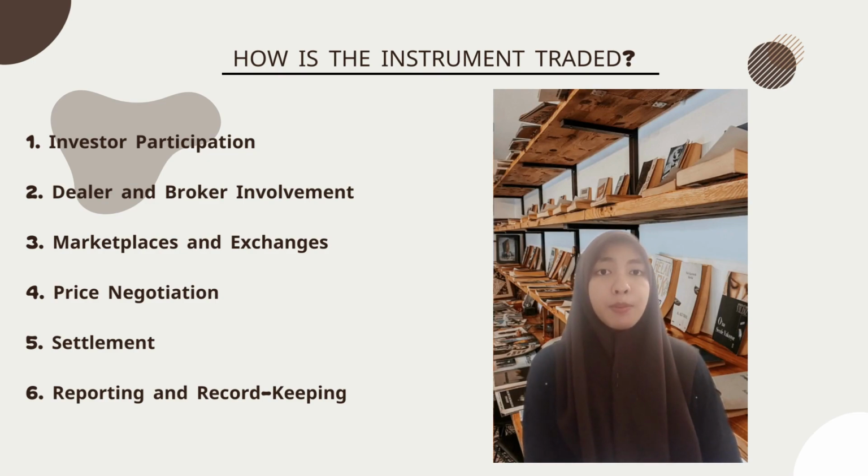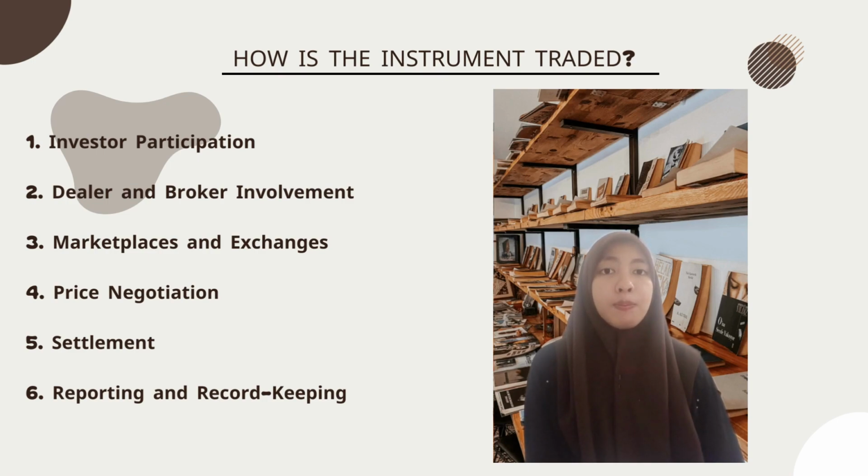Cagamas commercial papers are primarily traded in the secondary markets among investors. Here's an overview of how the trading of Cagamas commercial papers typically takes place. First, investor participation. Investors who hold Cagamas commercial papers have the option to trade them in the secondary market. Second is dealer and broker involvement.